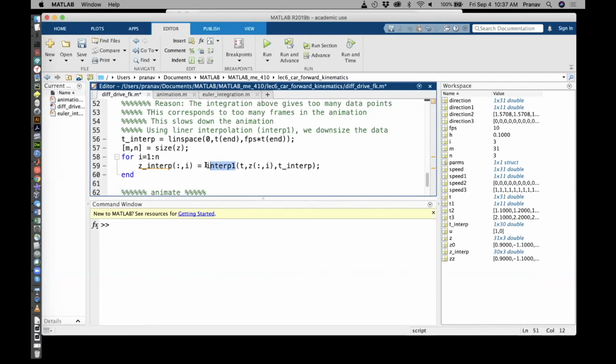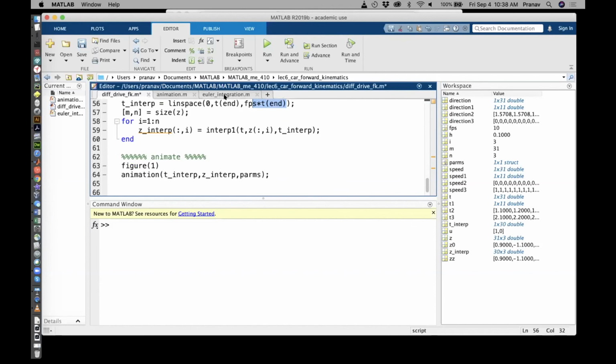It basically interpolates the data. So if you have 1,000 data points, you can get them down to 100 data points by using this interpolation. I would recommend that you search this yourself and see how interp works, and then understand how I'm using this in this code. Essentially, I'm just interpolating x, y values so that they are downsized by a whole lot.